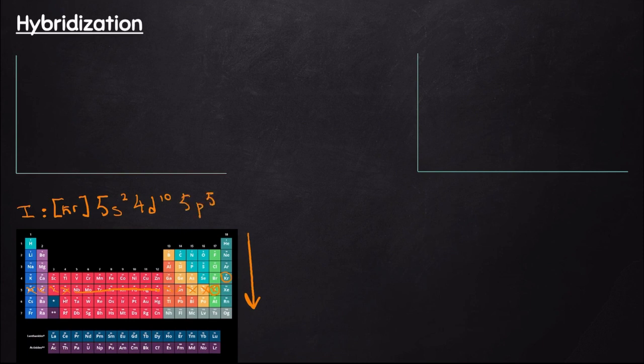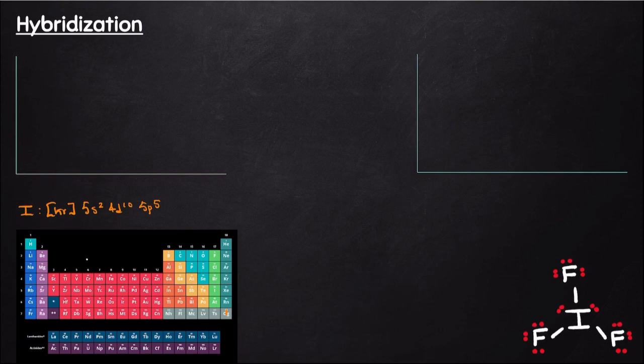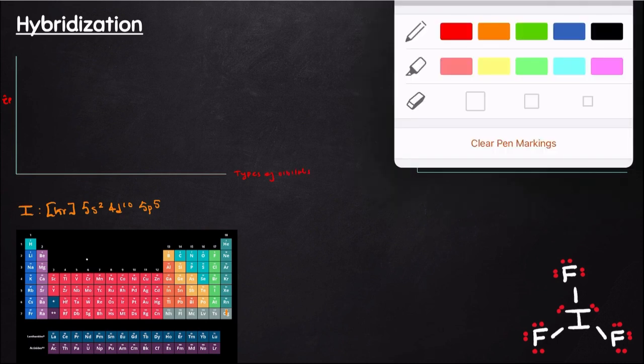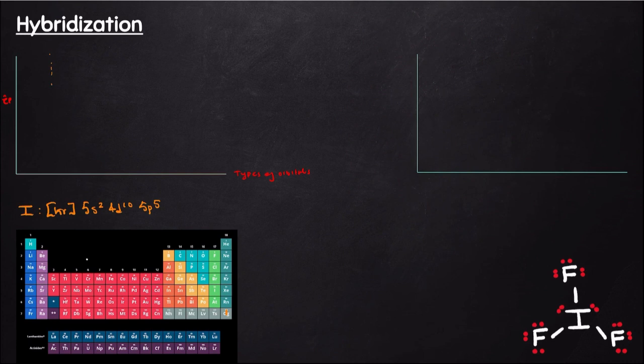And that is it. Now we will be drawing the condensed energy level diagram for iodine. First we label our axes: potential energy and types of orbitals. Then we switch to a different pen color and divide this chart up for our different orbital types, S, P, and D. We write that down as so.